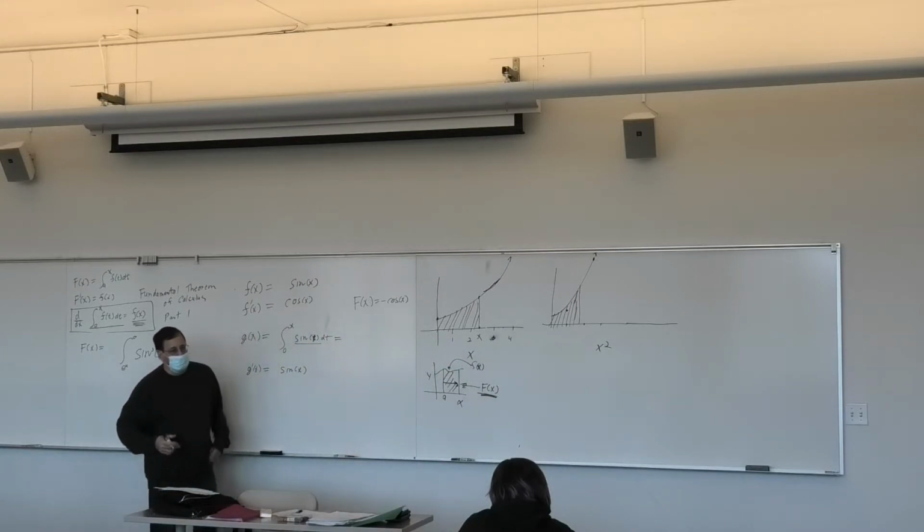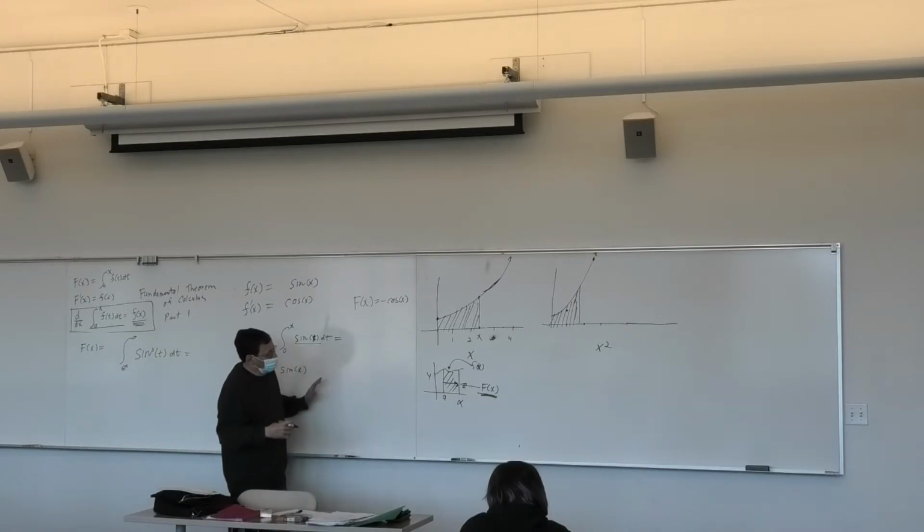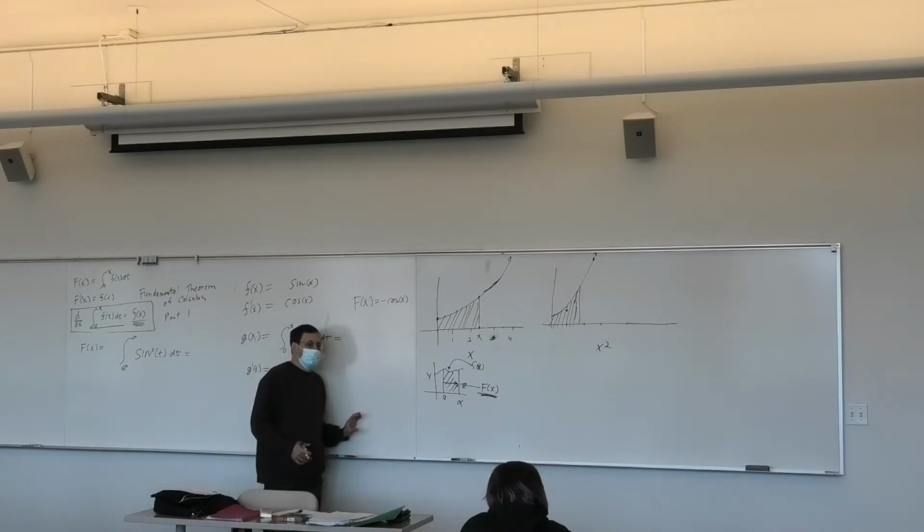And that's what makes calculus fit together. We know about functions. We've spent most of the semester looking at derivatives of functions, and that tells us the slope. Now we're saying, if you have a function and find its antiderivative, you can figure out what the area under that curve is.